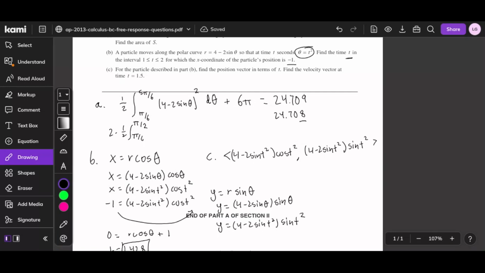And that will be our answer for the position function. Secondly, for the velocity vector, the velocity is just going to be the derivative of the position function. So we take the derivative of x and the derivative of y at 1.5. And the lovely thing here is that your calculators can take the derivative at certain points.